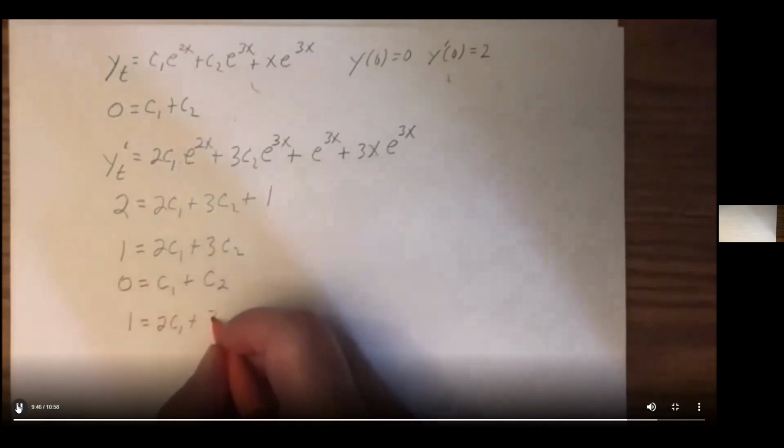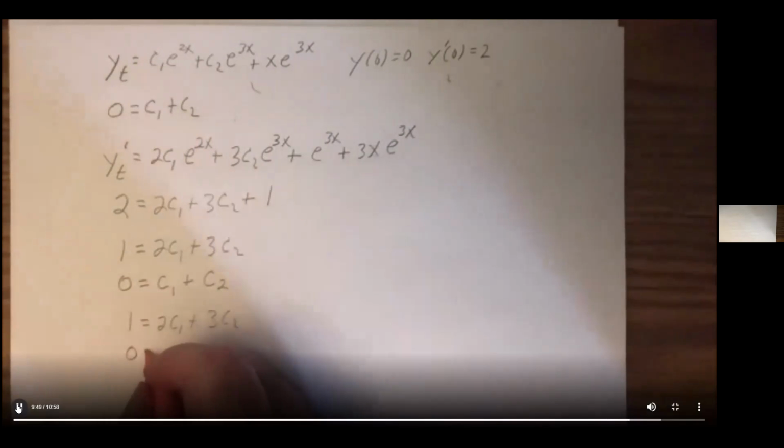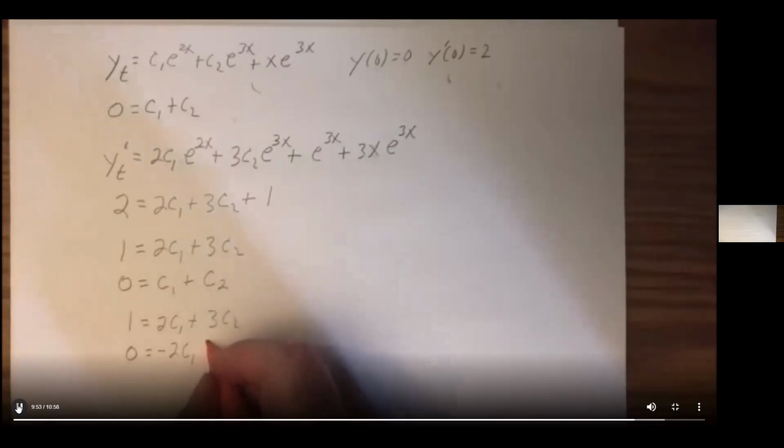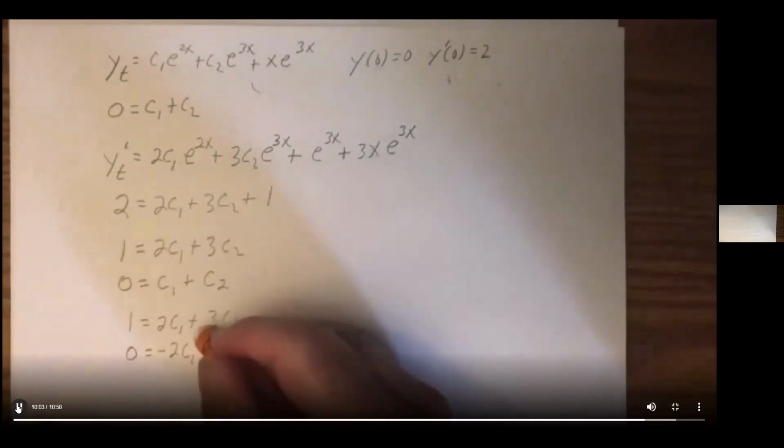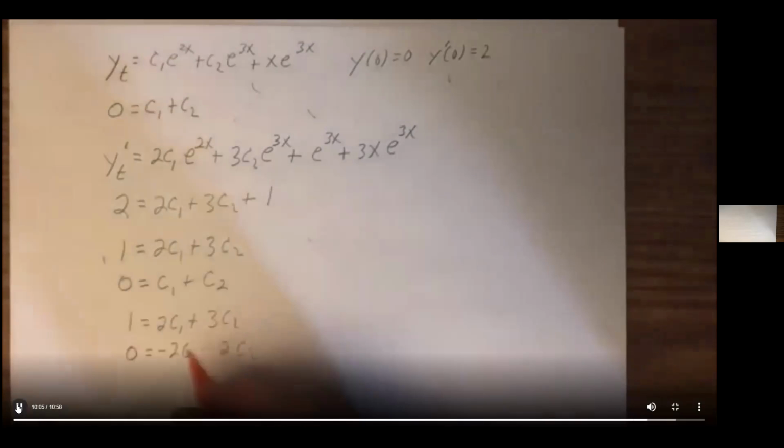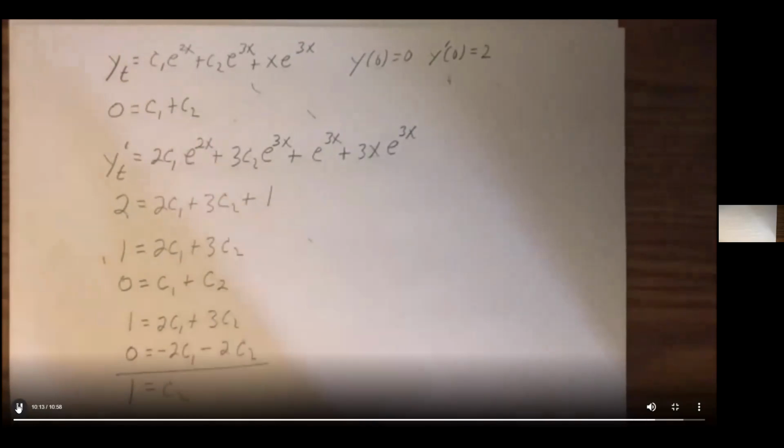I'll make this 0, then minus 2c1 minus 2c2. Then add these, and I get 1 is equal to c2. So c2 is equal to 1, and c1 is equal to minus 1.